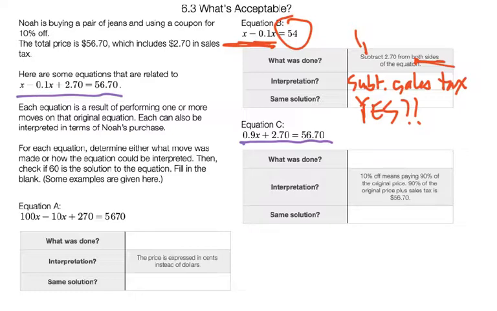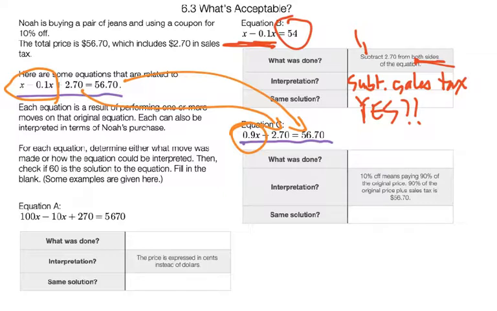But what happened in my equation up here? So I'm going to note something. I still have $56.70. Still have $2.70 right there. But how did they get 0.9x? What did they do here to get that 0.9? Well, we know that 0.9 is 90%, but they did something.